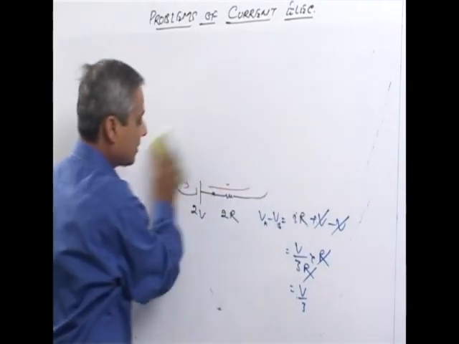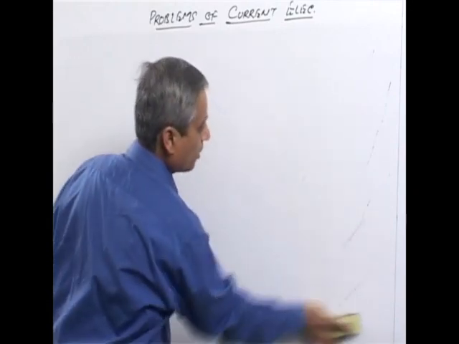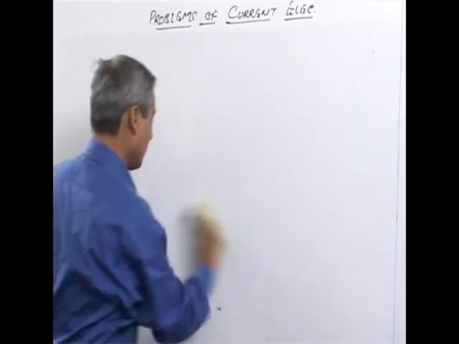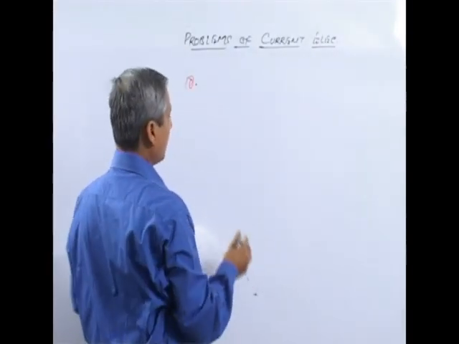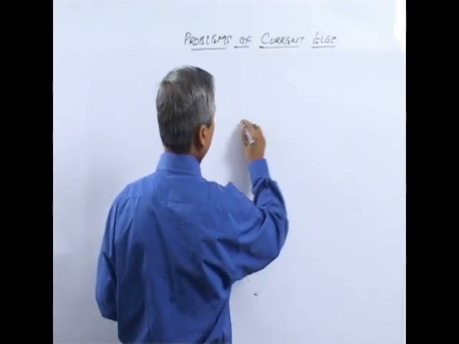There is a conductor of the shape of a truncated cone. They have given a figure also. There is a figure like this.